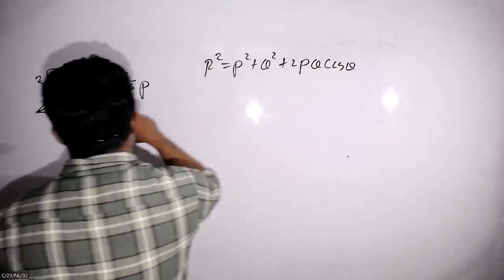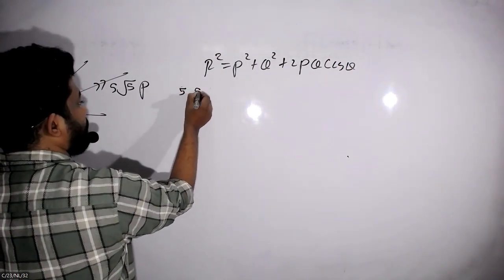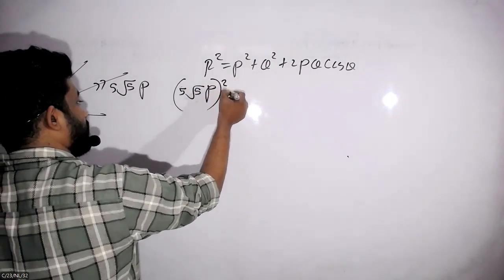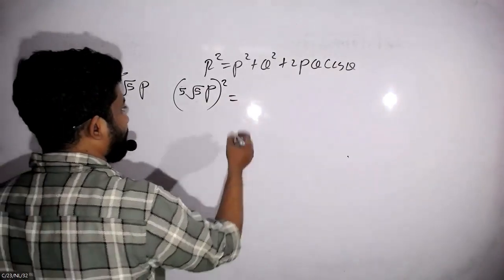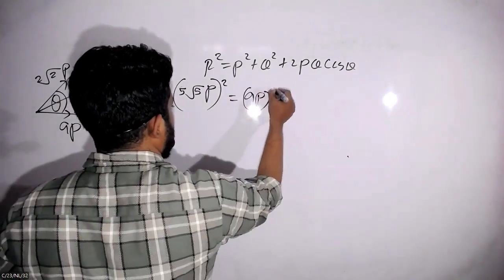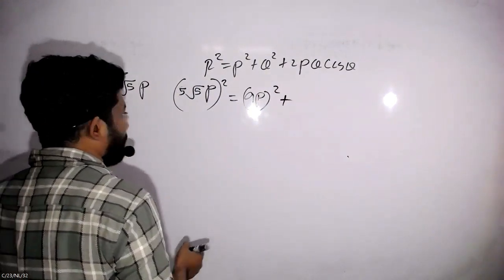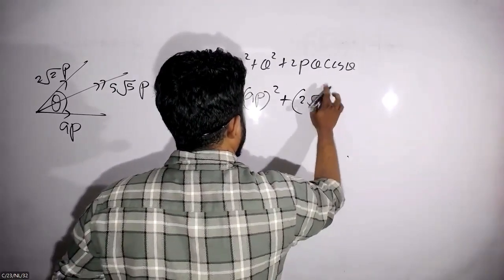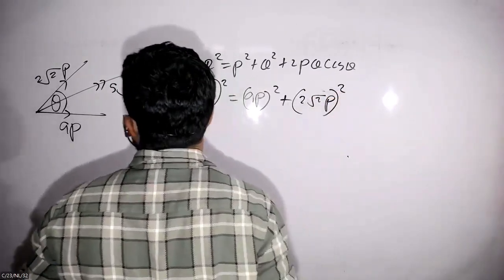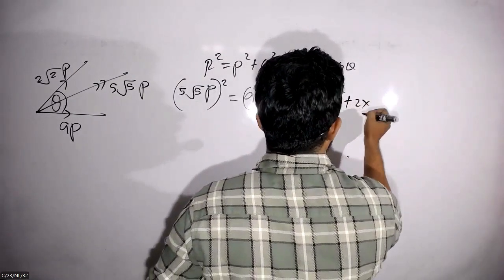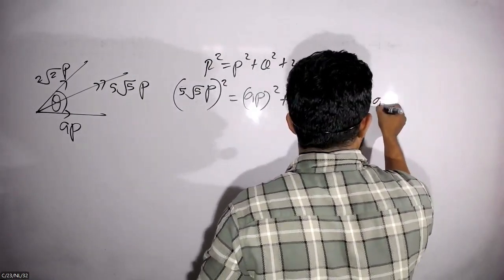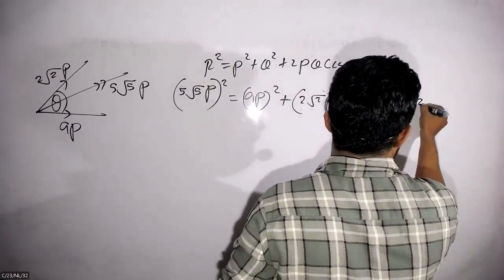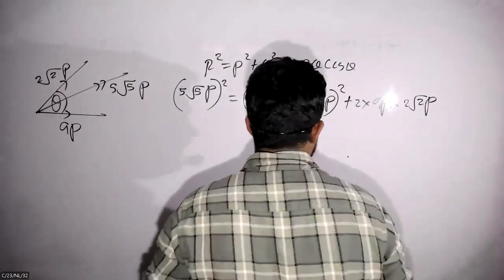The resultant is given, then resultant squared, then P is 9P squared, then Q is 2 root 2P squared, then plus 2 into the P value is 9P, the Q value is 2 root 2P, and cos theta.